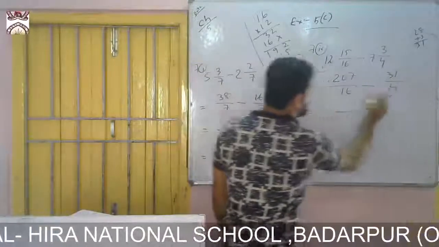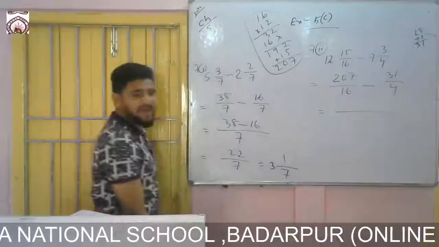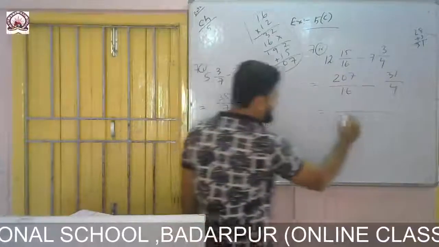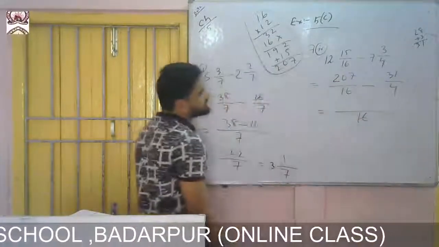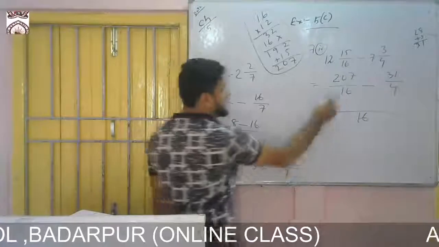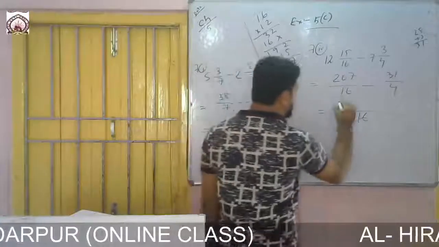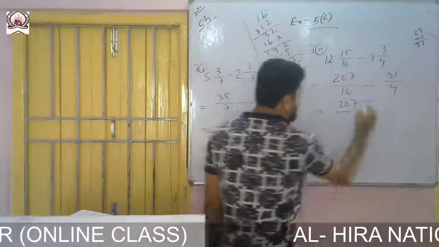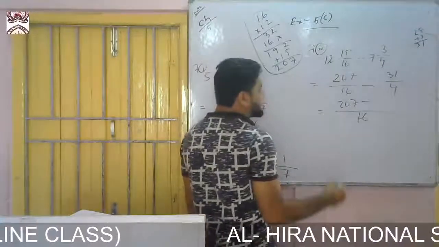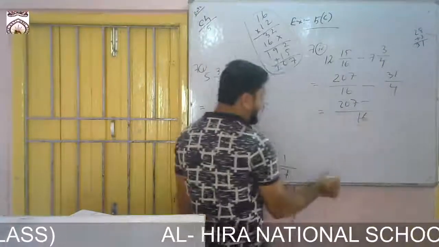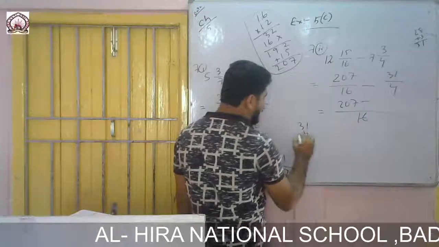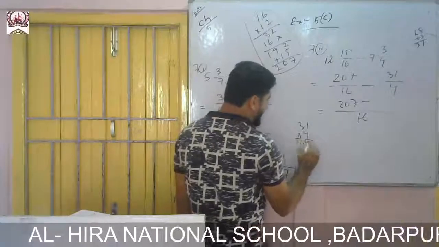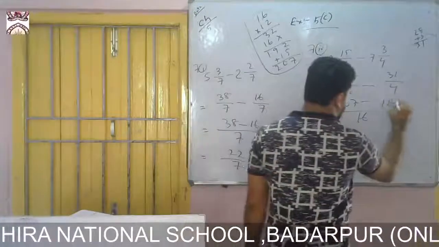Since we can divide 16 by 4, the LCM will be the bigger one, 16. So 16 divided by 16 gives 1 into 207, 207. And 4 4s are 16, so we are getting 4. So 31 into 4: 4 1s are 4, 3 4s are 12, so 124.